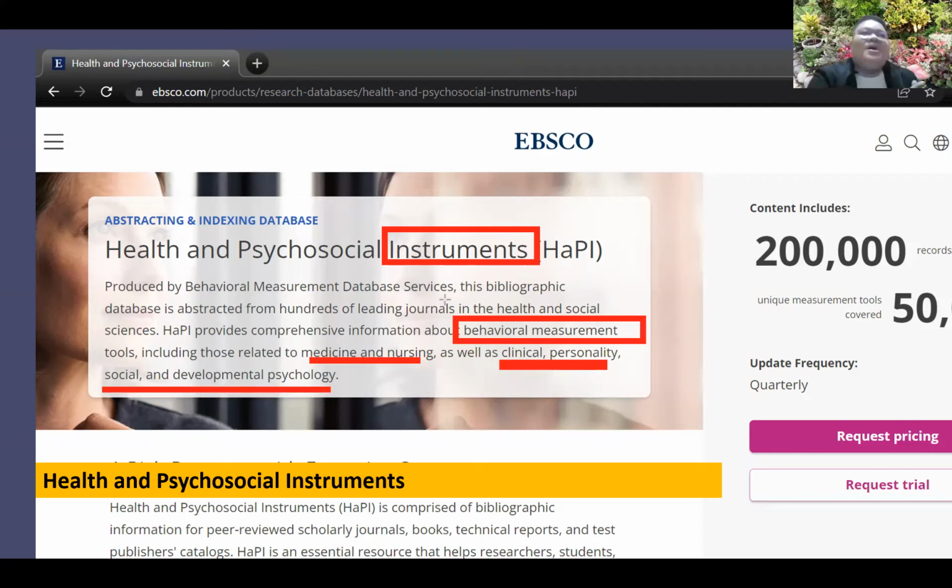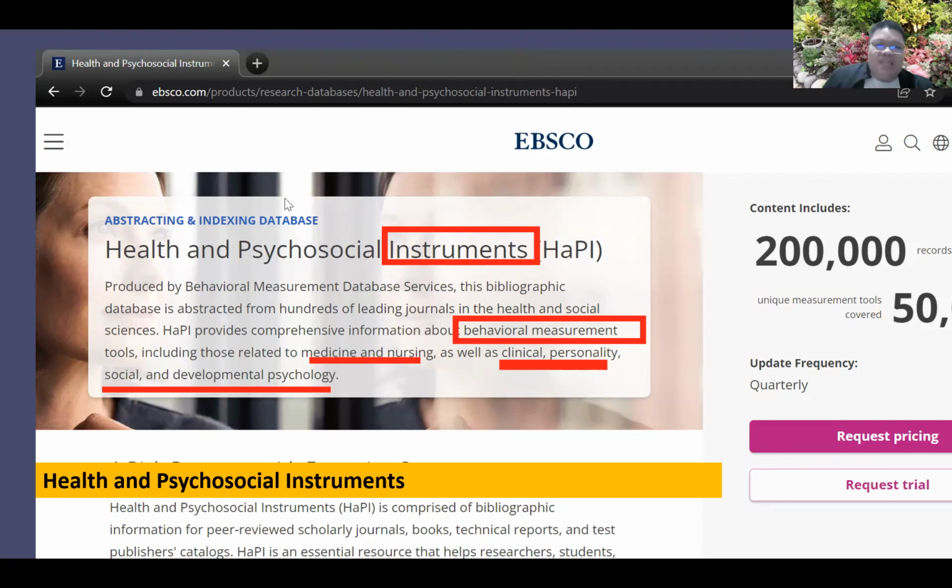Ibig sabihin, for example, if gusto kong maghanap ng questionnaire on the risk for depression, I can go to this website. If I would want to look for a questionnaire for the happiness of my students, I could go to this website and check whether those questionnaires already exist.